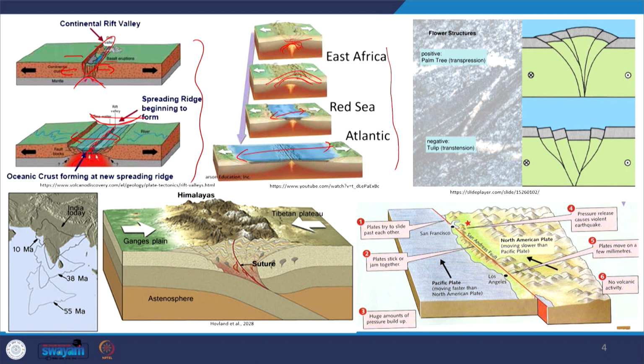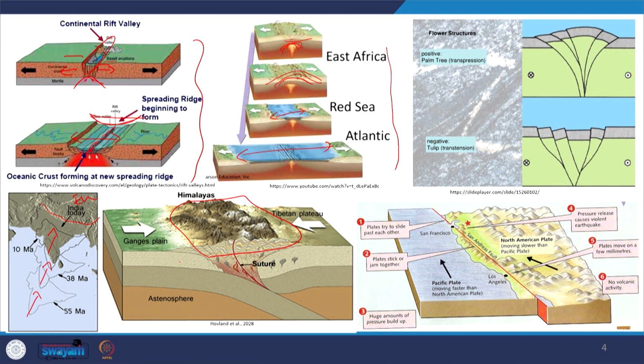And related to convergence, the Indian convergence is a live example here. The Indian plate is moving gradually from south to north and colliding with the Eurasian plate, and finally it is creating the Himalayas at the collisional zone.